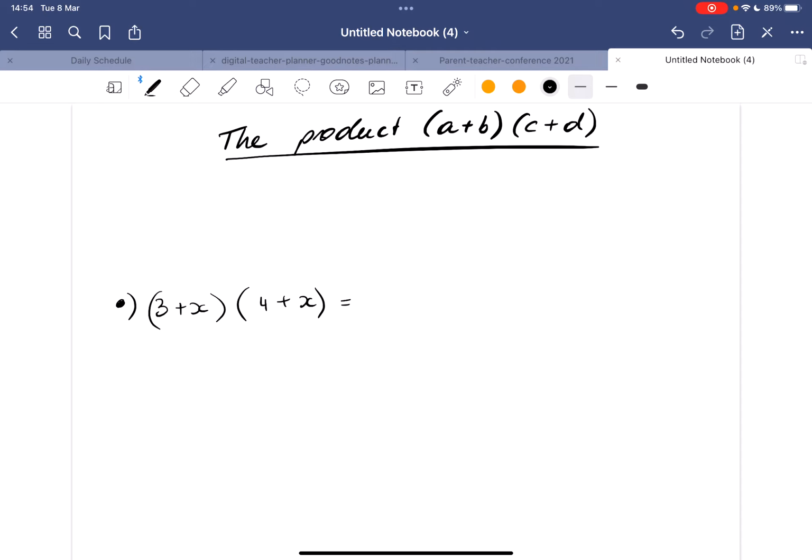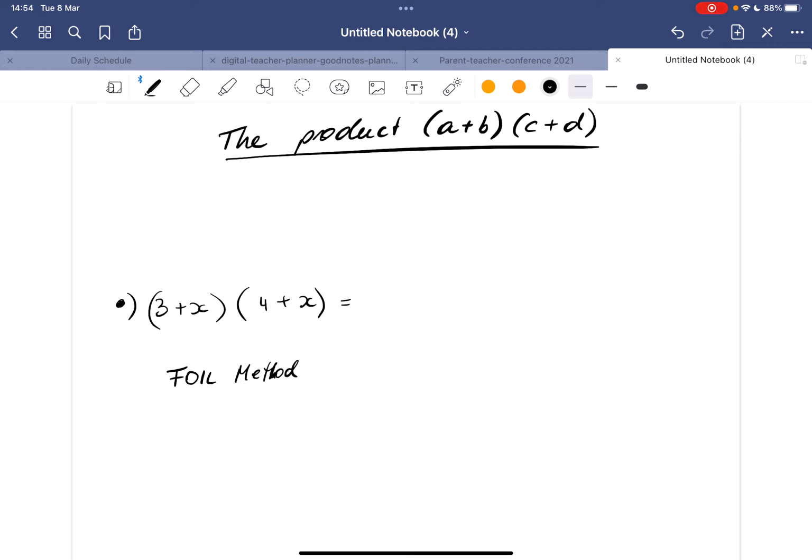So the first one is the so-called FOIL method. So what does FOIL stand for? First, Outside, Inside, Last. Now, how does that work?